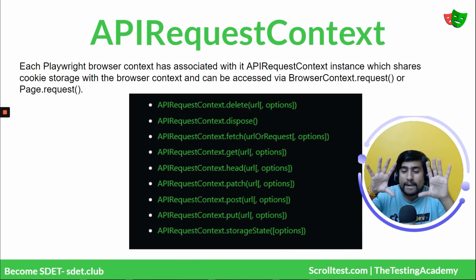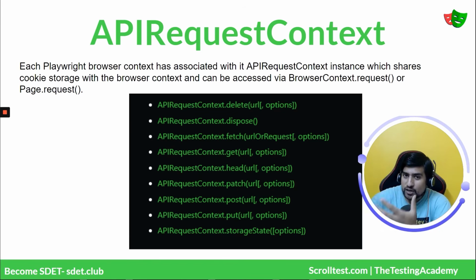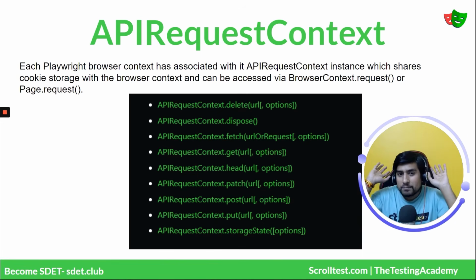So how are we going to use this? We are going to use the pre-built Playwright functions: API request context get, head, patch, post, put, and storage state. There is also an advanced feature of this API request context: you can make an API request and then store the cookies, headers, and other information, and provide all of it to the Playwright browser context so that it can use it.